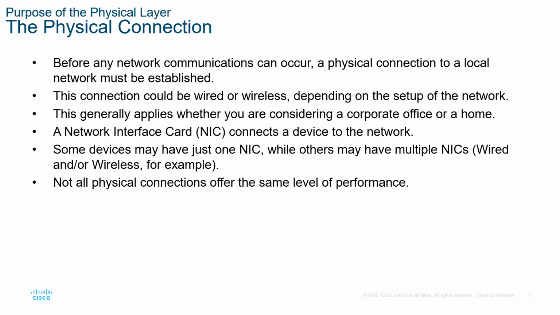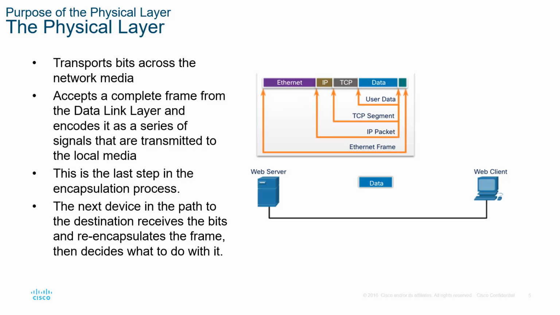So what's interesting is the physical layer actually takes the frame, the Ethernet frame, the packet, the segment, and the user data, and takes that entire package and puts it into bits. The bits are electrical signals, typically, that go on the wire. If we're talking fiber optic, it may be light pulses.